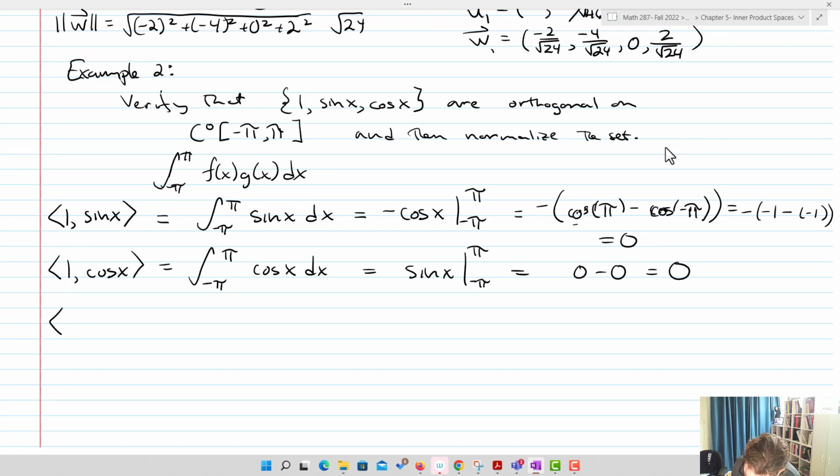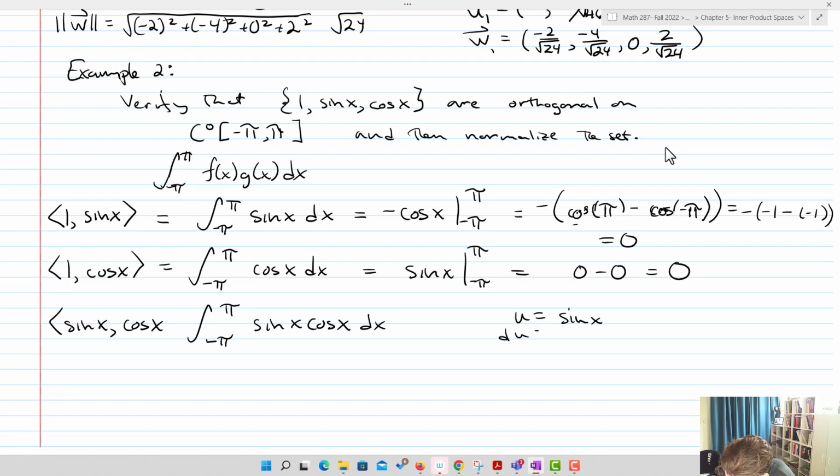And then finally, we'll look at sine x, cosine x. So this will be the integral from -pi to pi of sine x cosine x dx. We'll let u equal sine x, and so du will equal cosine x dx. Okay, so this ends up giving me the integral of 1/2 sine squared x, evaluated from negative pi to pi.